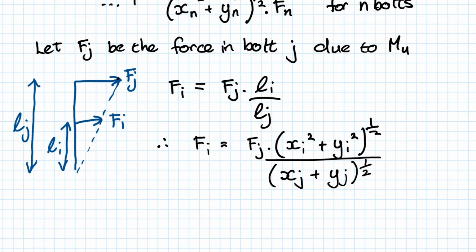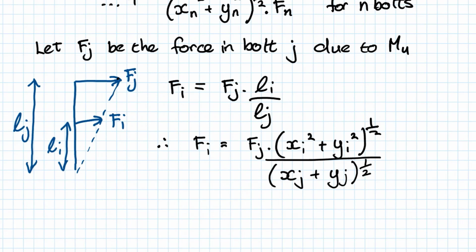Now we're going to manipulate the formula for the moment about the center of rotation MU and get it in terms of x's and y's. The reason we're using x's and y's is simply that they're very easy to work with. Normally in a steel connection, we have all the x and y coordinates quite easily.